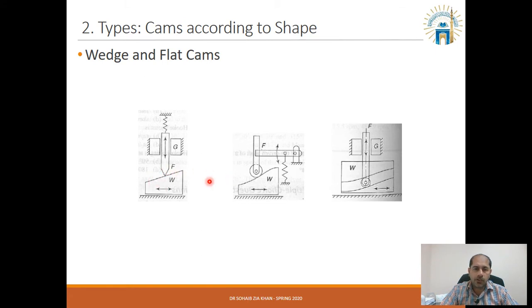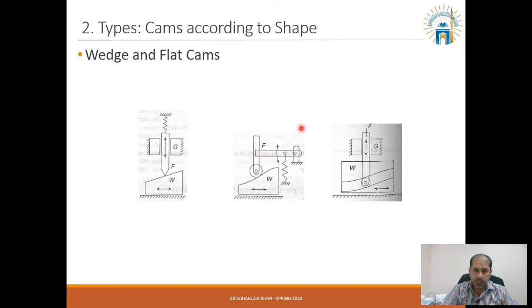If you want to have a non-linear relationship between the follower and the cam, you can see this one, the cam itself. This time the profile is non-linear, not a straight line, but some form of curve. So you can see the curve over here. The cam can move right and left, and it can push the follower in a specific direction.